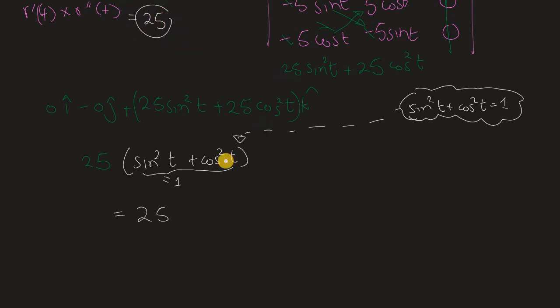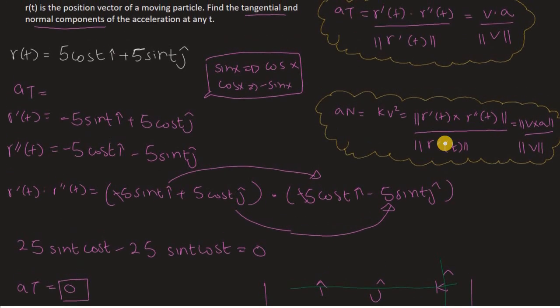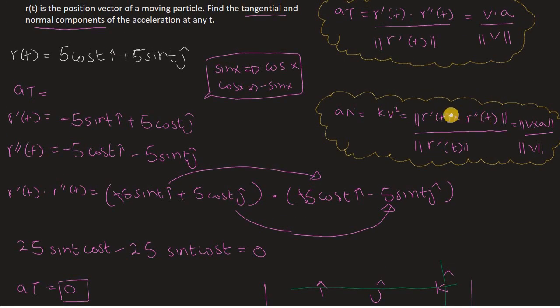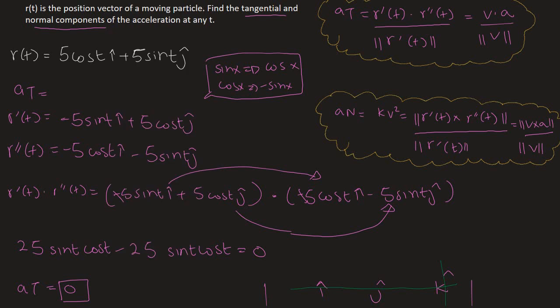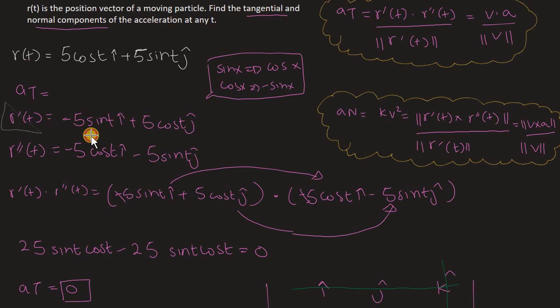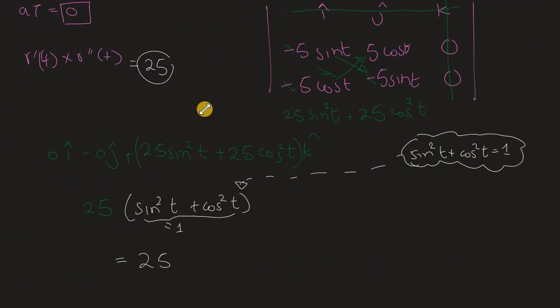Now what's the next step? We have this, which equals 25. Now we have to find the magnitude of r prime of t. You remember how to take the magnitude: we square each component and then square root the whole thing.